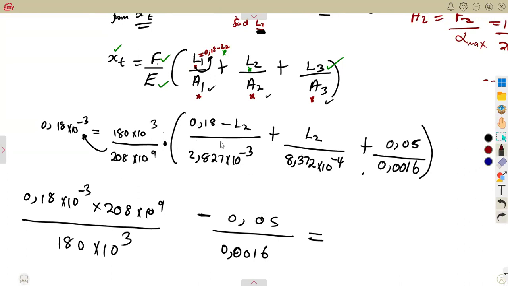So you must separate. Let's start with the first fraction here. You separate this over this, and you divide. You must divide this one over this one on your calculator. 0.18 divided by whatever we have there is going to give us 63,672.